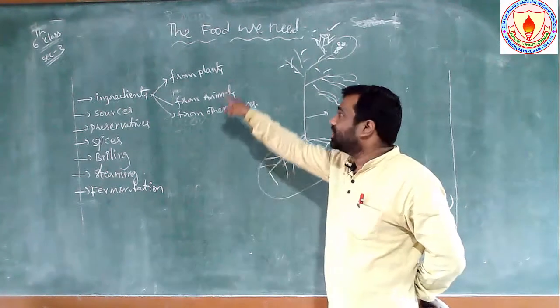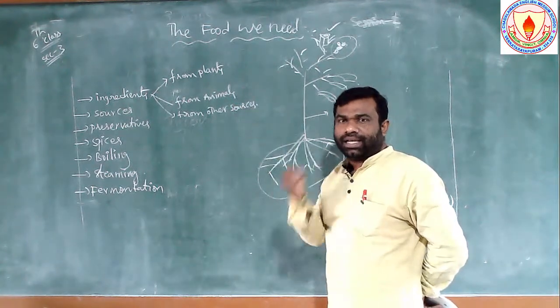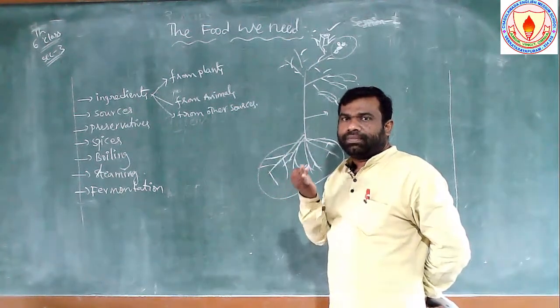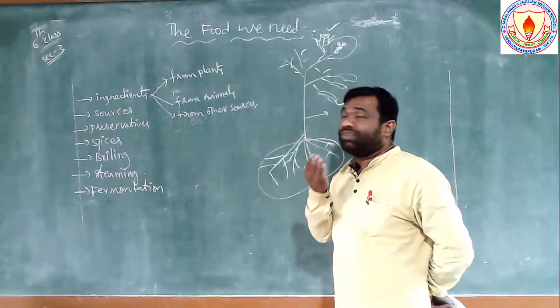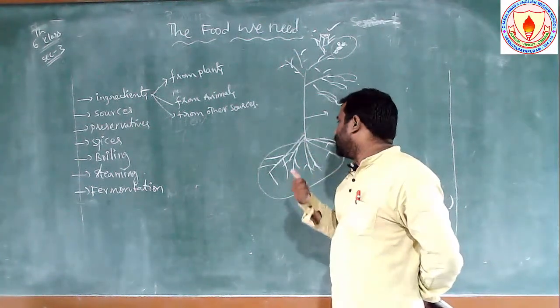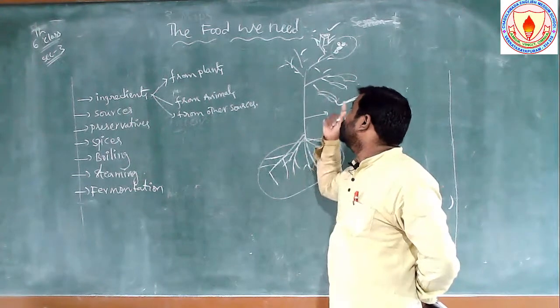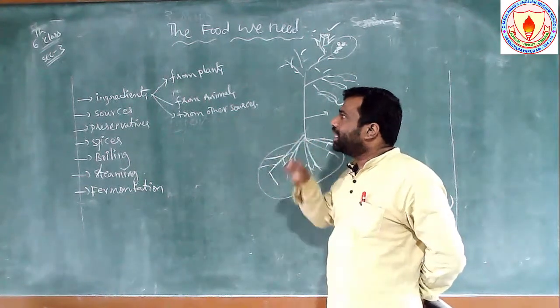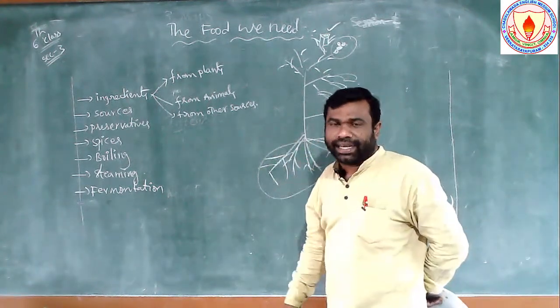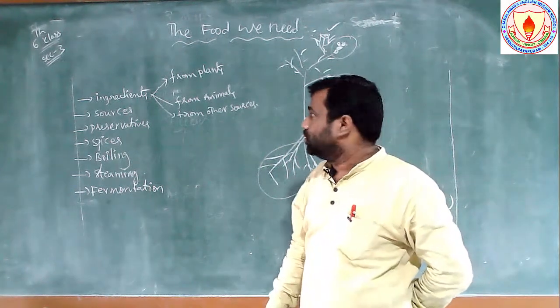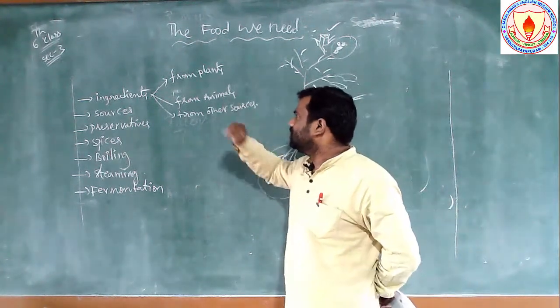That is the ingredients from plants, like leaves, stem and modified stem, flowers, fruits and roots. Those are the parts of the plants which are taken as ingredients. Yes or no?